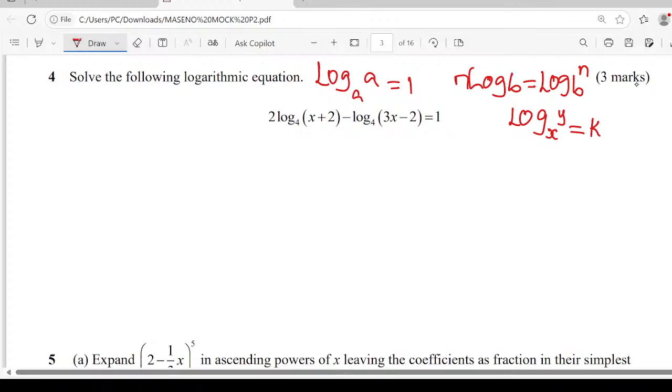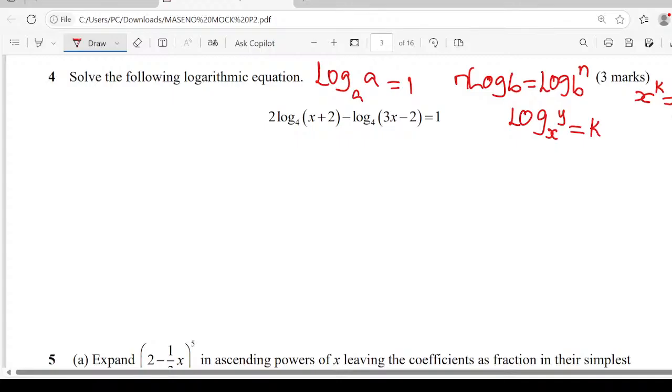So this can be written as x power k being equal to y. So you see the y and the k have interchanged positions, then the log has disappeared. This one here, x power k being equal to y, is the index notation, while log to base x of y being equal to k is the logarithmic notation. We are now free to proceed.